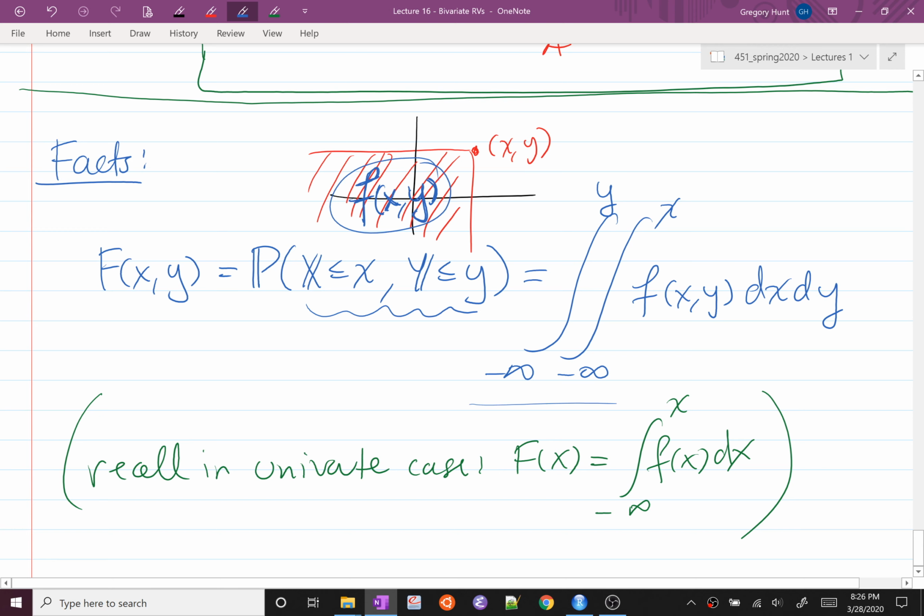And the bounds defining that are negative infinity to x and negative infinity to little y. So the joint PDF plays the same role as the univariate PDF. It tells me the density of probability at each of the points, but now it's each of the points in a plane instead of just each of the points on a line.